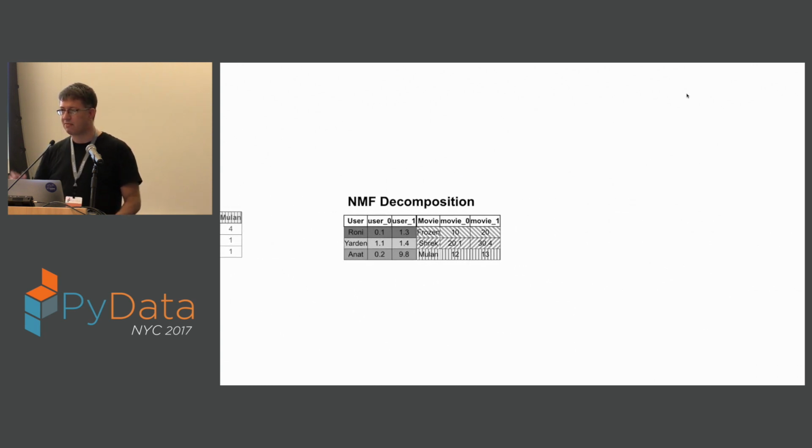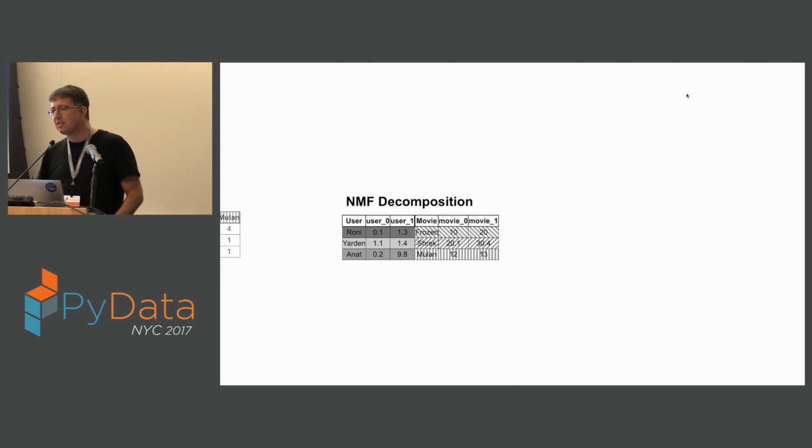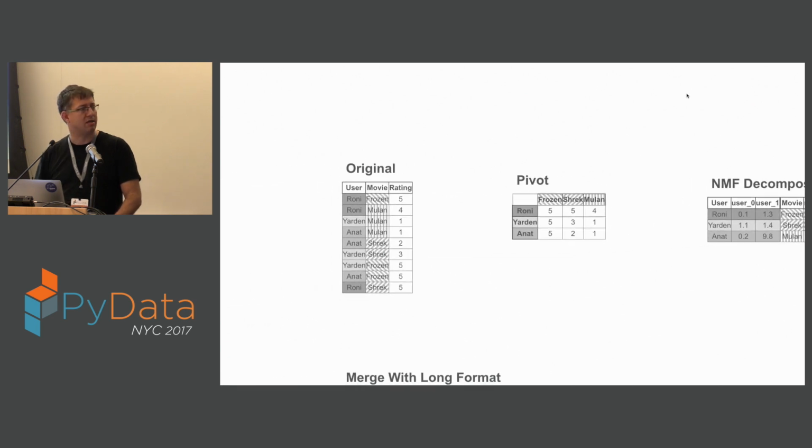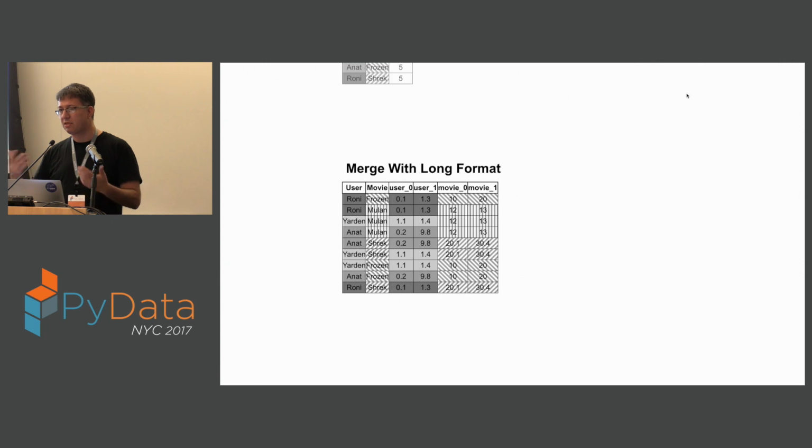And the NMF step will give us the latent variables explaining the users and the movies. But actually this isn't enough, because now we need to take this matrix back and go to the original matrix and somehow concatenate it. And only after we've done this concatenation do we have the matrix in the form where we can pass it on from the NMF over to the random forest regressor.